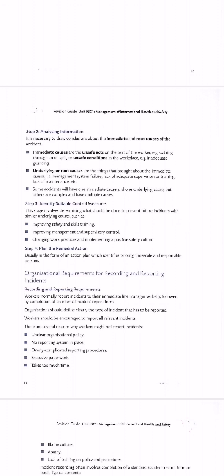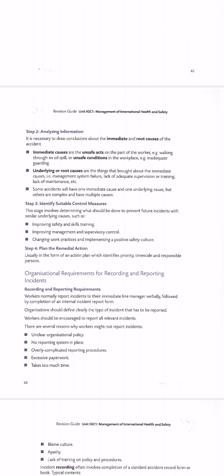That is an example. Let's say there is a spill of toxic chemical on the floor, so some staff is working along that place, then becomes affected by this toxicity, right? Then also the underlying or root cause of any problem are the things that brought about the immediate cause.